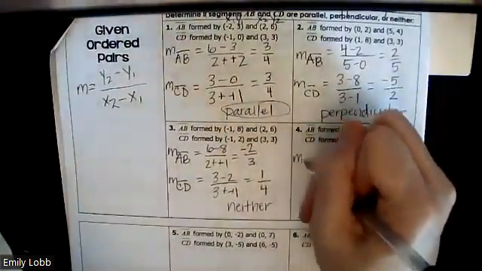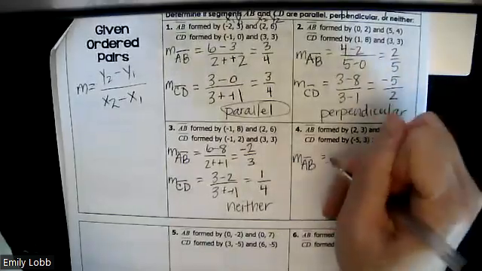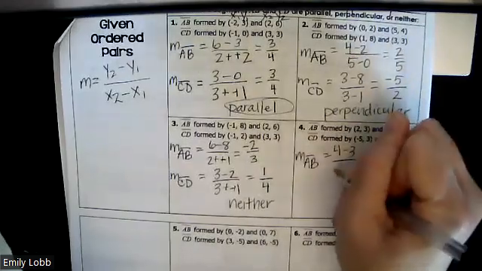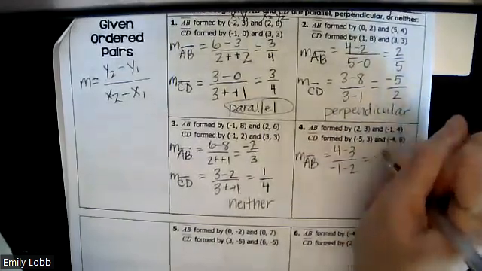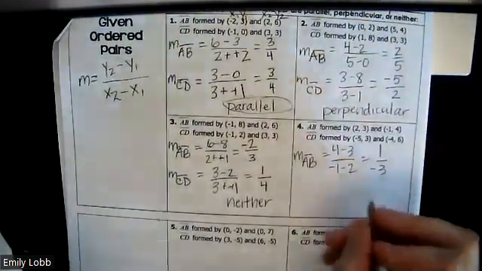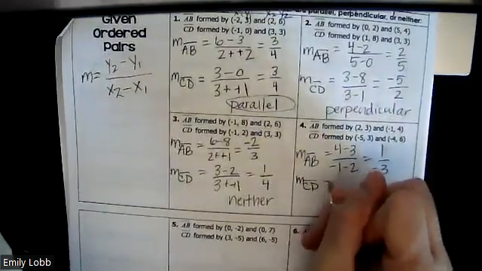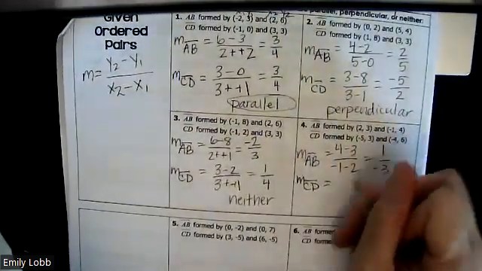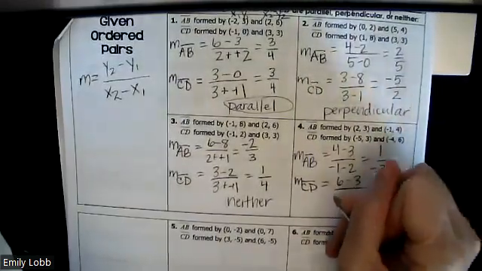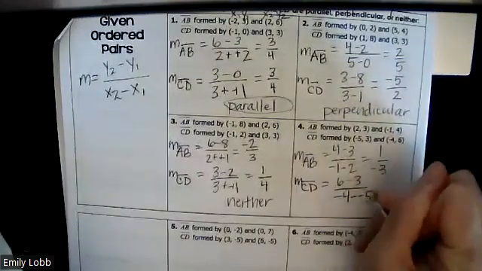So then we're finding the slope of this AB to be our change in y, 4 minus 3, divided by our change in x, -1 minus 2. So 1 over -3, so -1/3 here. Here, our slope of CD is 6 minus 3 over -4 minus a -5.